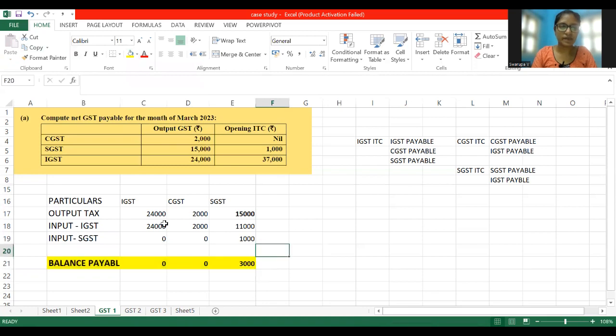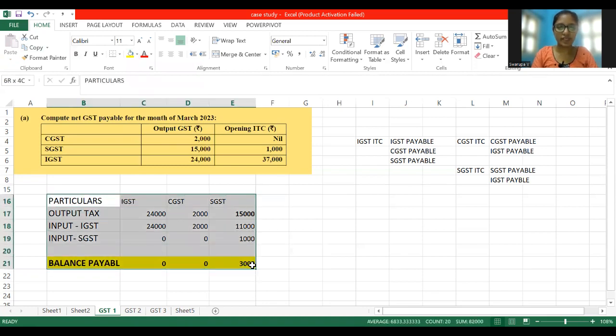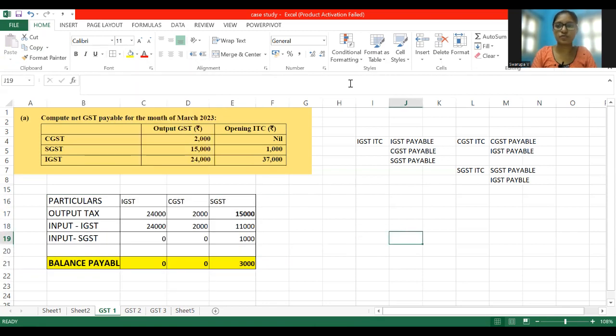So this is our answer. You can put a table when you are solving the case study so that it is more presentable and it gives you an easy grasp on whether you have understood the concept of ITC adjustment or not.